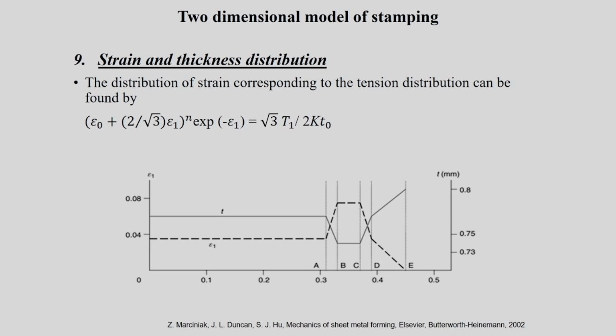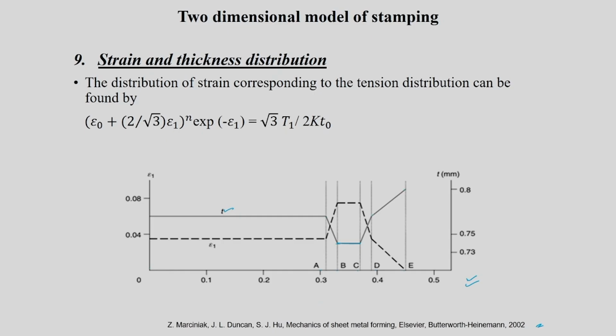And if you want to see how strain and thickness distribution is going to change in this cross section, these are some values given from this particular book, you can look into it. Again it is referred with respect to O, A, B, C, D, E. You will see that thickness has one particular value from O to A, almost the same thickness, and then at the corner region it is expected to decrease, and because the tension is going to remain the same between B and C, thickness is going to remain the same.